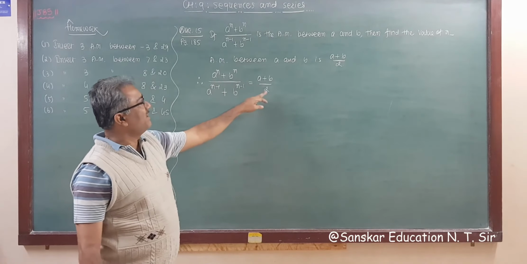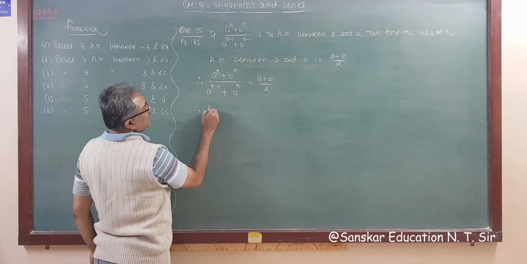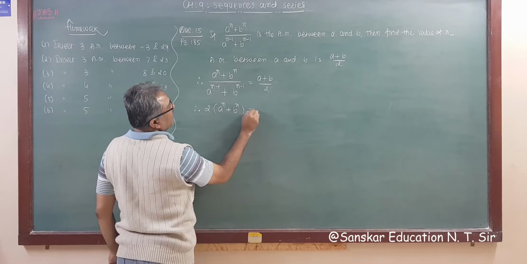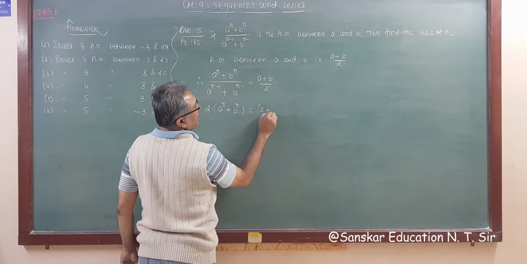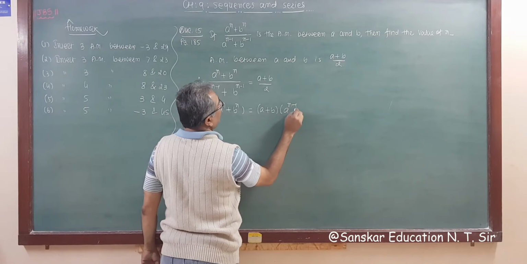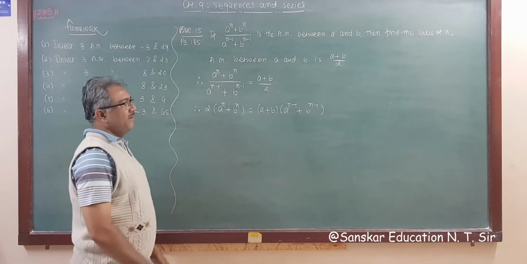So multiply by 2 here and multiply this. So what we get? This is 2 times (a raised to n plus b raised to n) is equal to (a plus b) into (a raised to n minus 1 plus b raised to n minus 1), right?